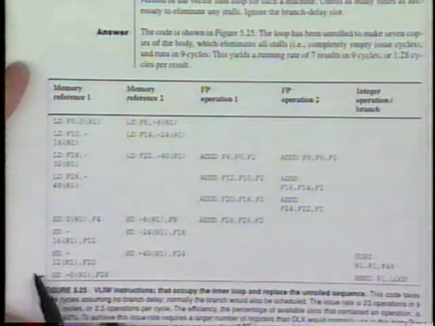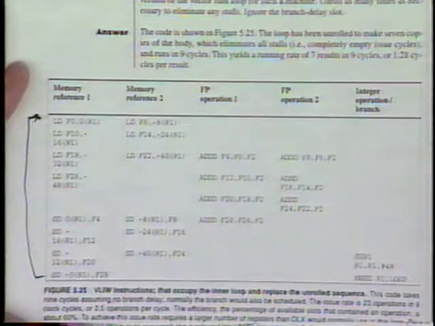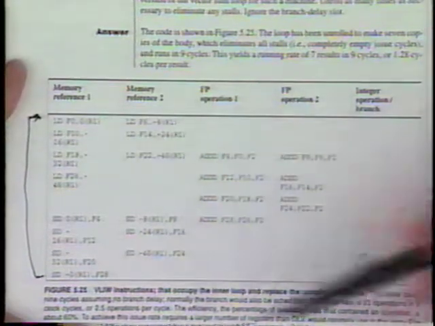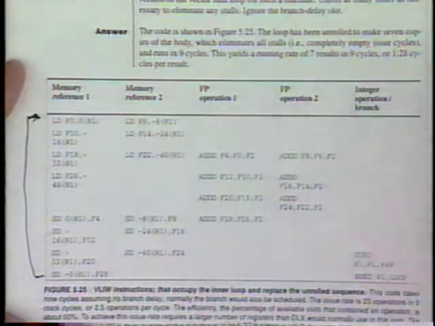And the branch on the last instruction goes back to the beginning, 9 instructions later, but you've done 7 iterations of the loop during that time. But in some sense, the efficiency is only 60%, because you've still got 40% of the slots unused, which means 40% of the instruction bits in your computer are being wasted.